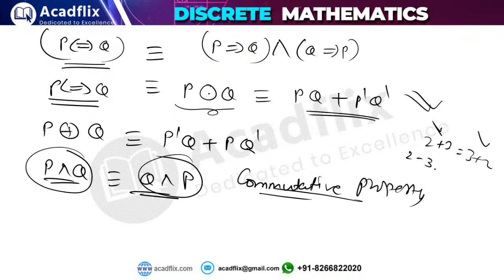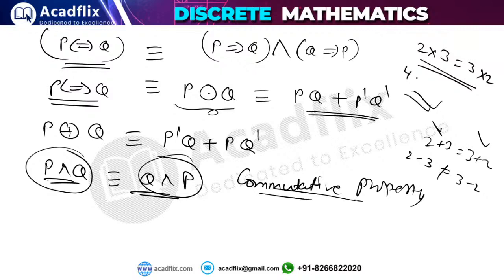Remember, subtraction is not commutative. 2 minus 3 is not the same as 3 minus 2. So subtraction is not commutative, addition is commutative. Similarly, multiplication is commutative: 2 multiplied by 3 is equal to 3 multiplied by 2. But remember, division is not commutative.